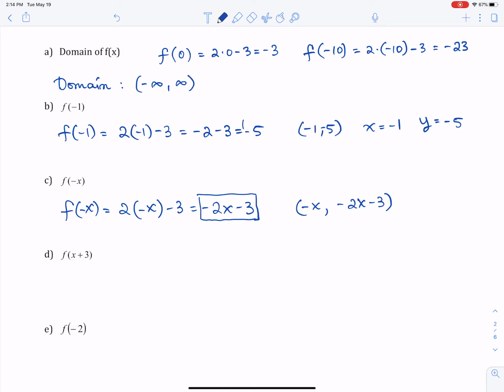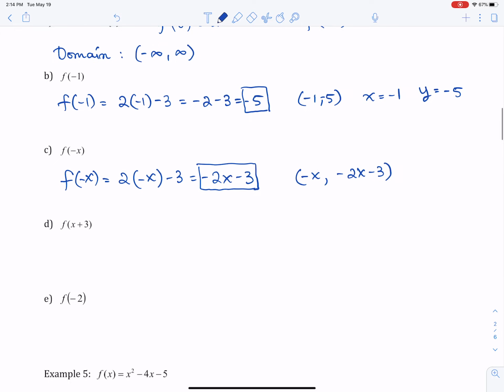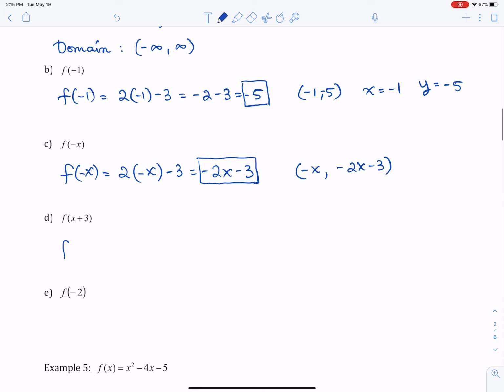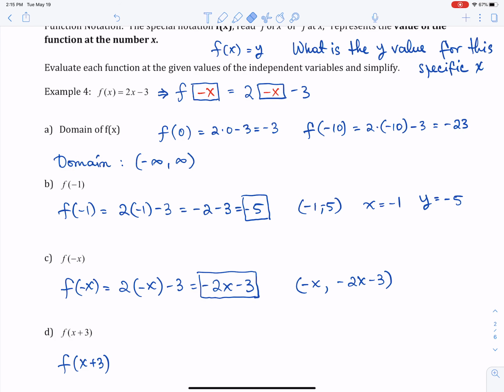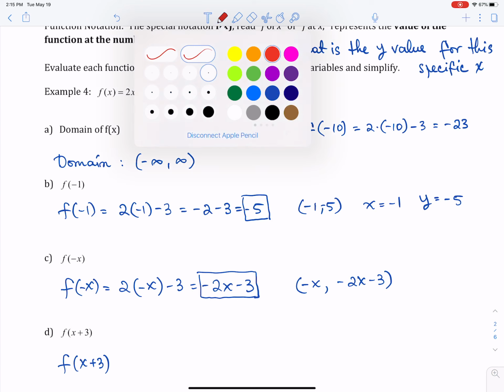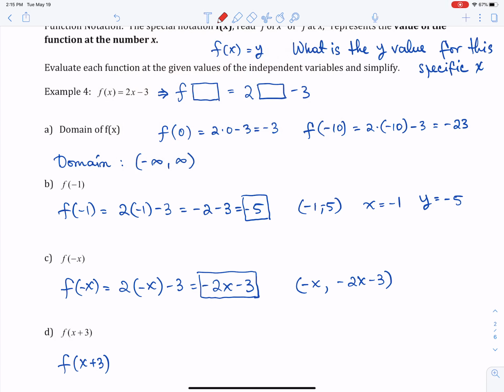And I'm going to square my other answer above. F of x plus 3. Similarly, every time when I see x in the problem, instead of x, I'm going to say x plus 3.